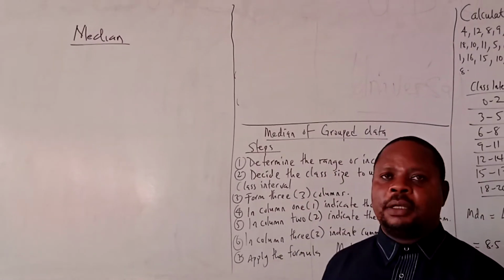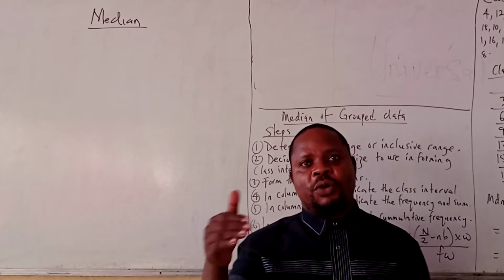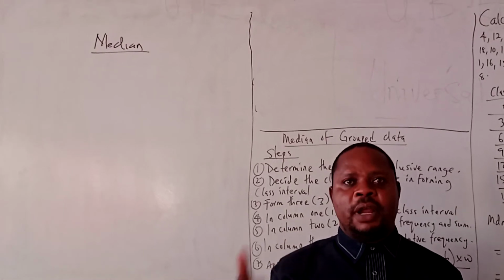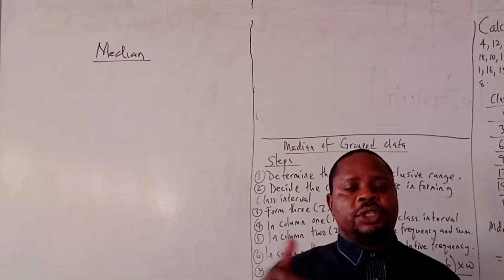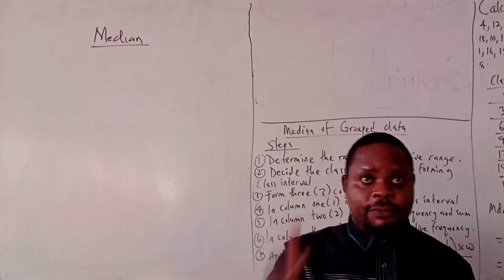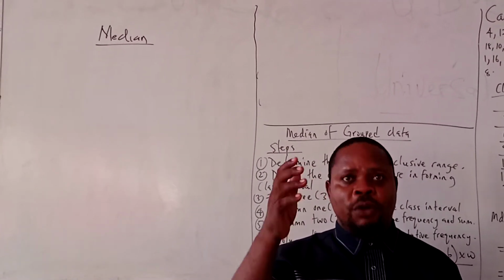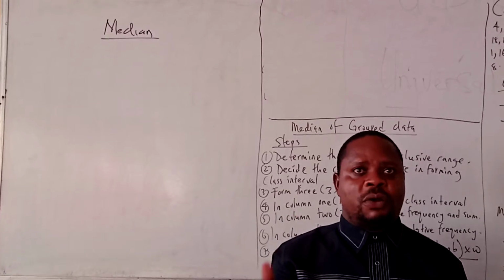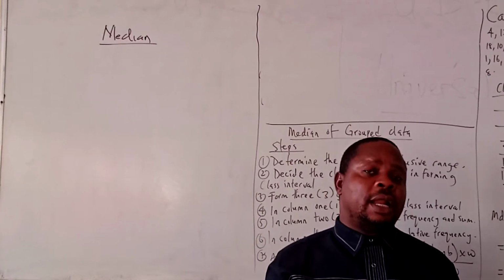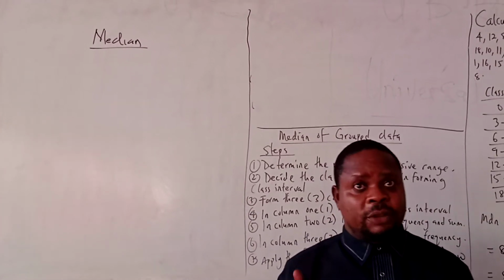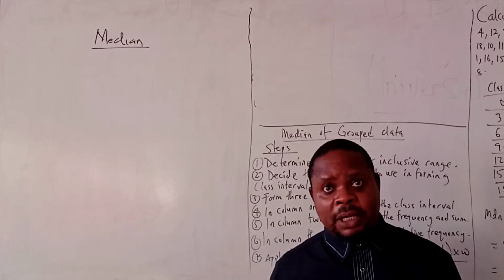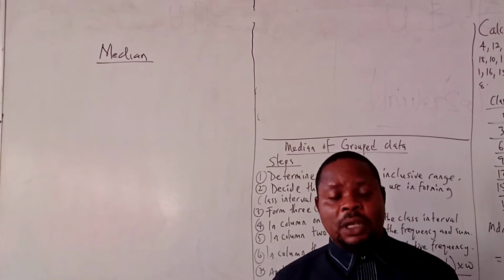This afternoon we're going to look at both the median of an ungrouped data and the median of a grouped data. Now, a data is ungrouped if the range or inclusive range is less than 15, and secondly, if there are not many scores in that data. There are two conditions. Number one, there are not many scores in that data.